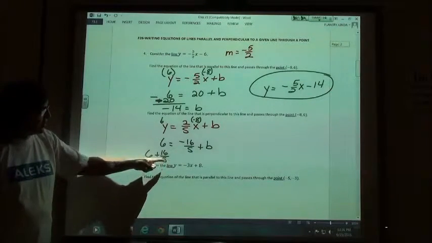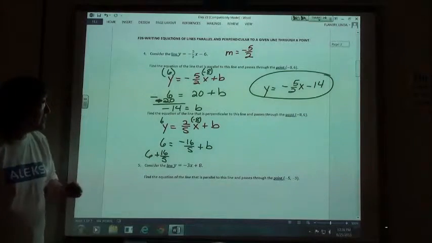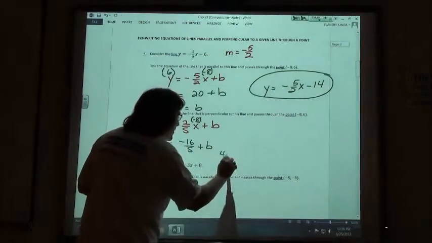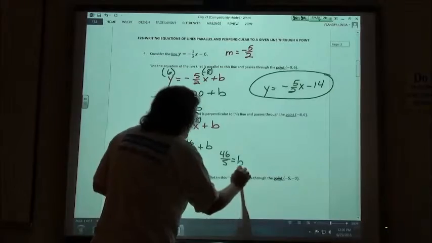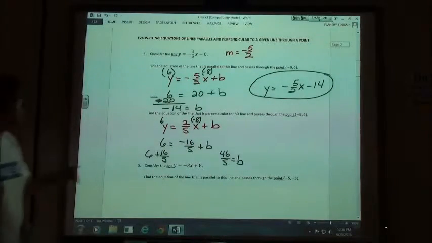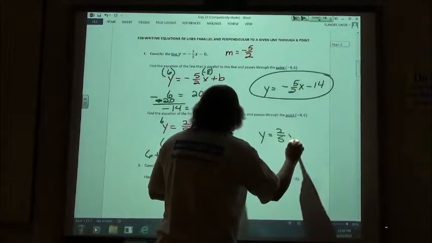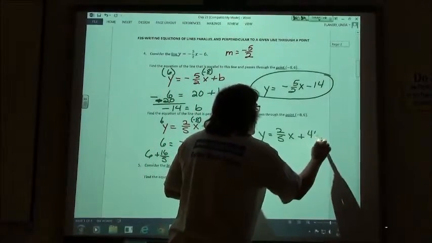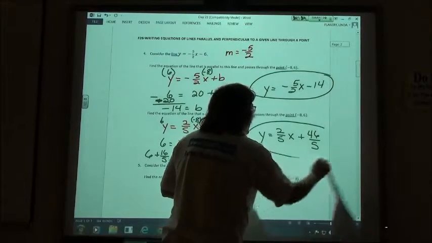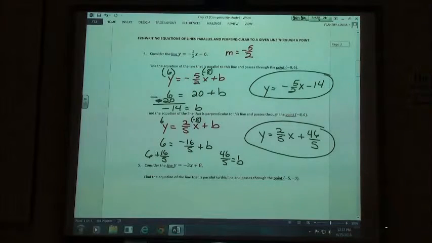Again, my shortcut, I'm just going to take the 5 times the 6, which is 30. 30 plus 16 would give me 46/5 for my b value, my y-intercept. So my equation, y is going to equal 2/5 x plus my 46/5. And so I have my equation of my parallel and my perpendicular lines.